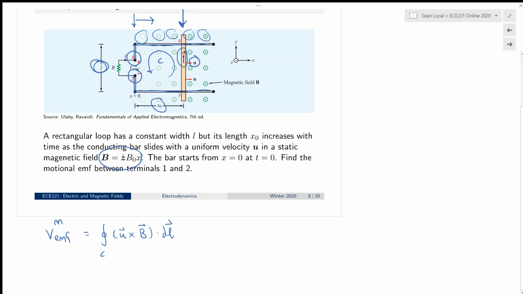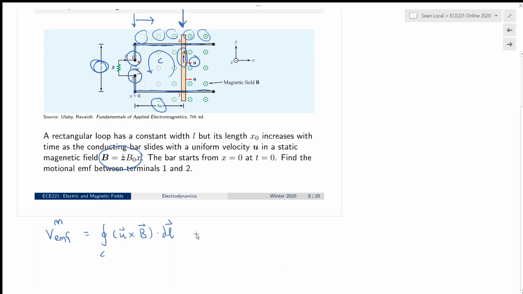With the motional EMF defined, we look at our picture again here, and we see that as we integrate about the closed contour C, there's a voltage developed across the resistor, which must be equal to the voltage developed across the sliding bar, because the rails on the top and the bottom don't contribute any motional EMF at all.